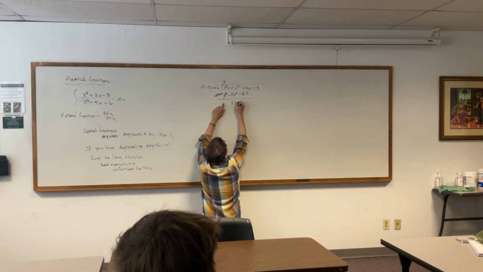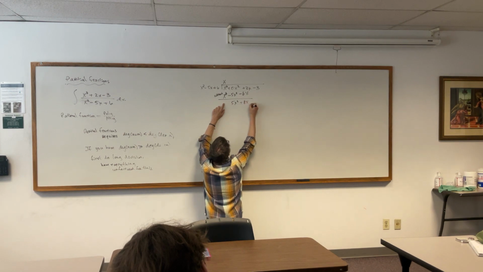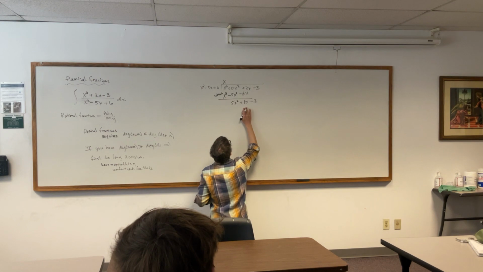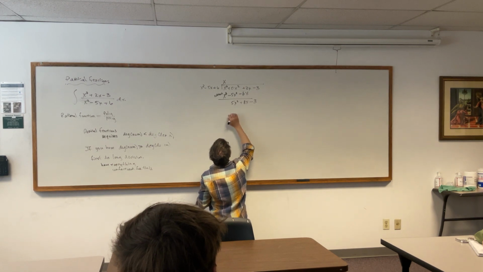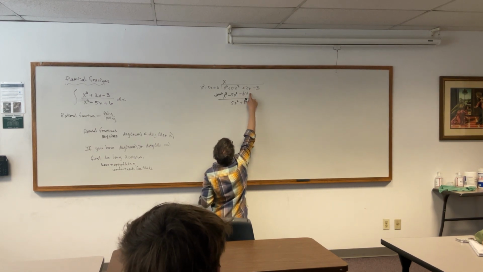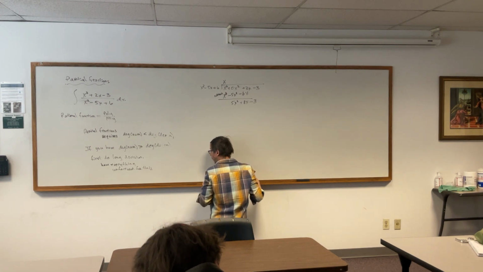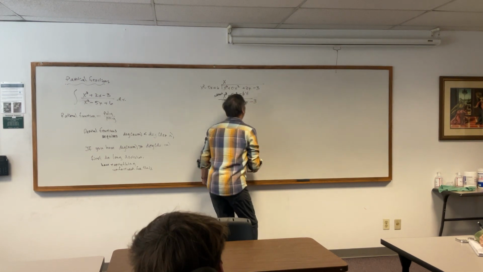This becomes positive 5x squared. This becomes positive 8x and then a minus 3. I think it's supposed to be 6x. It says a 6 up there and you wrote an 8. Yes, because I'm adding these two, duh. Shouldn't it be negative 6x though?